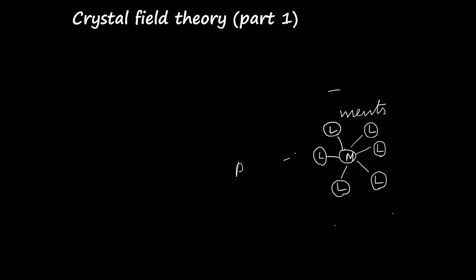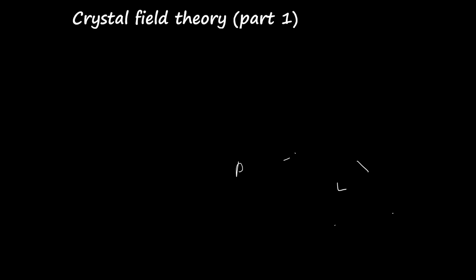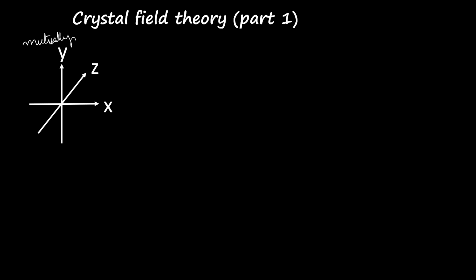We will first see that and then proceed to discuss the direction of the 5 orientations of the D subshell. The 3 coordinates are normally represented like this. This pattern of representation is familiar to us. This is the x-axis, this is the y-axis, and this is the z-axis, which are mutually perpendicular.